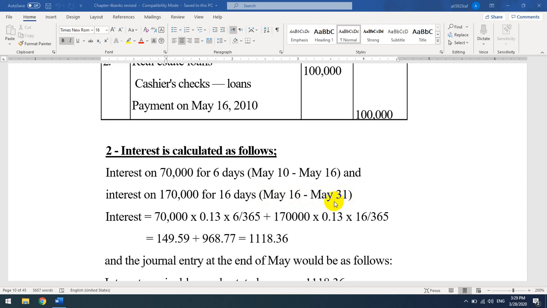How to calculate the interest now? Interest of the first disbursement for the 6 days equals 70,000 Egyptian pound times 13%, the annual interest rate, times 6 by 365. This is the period.